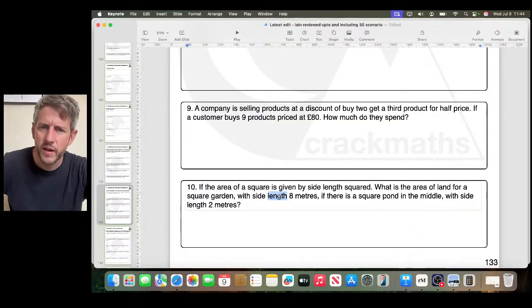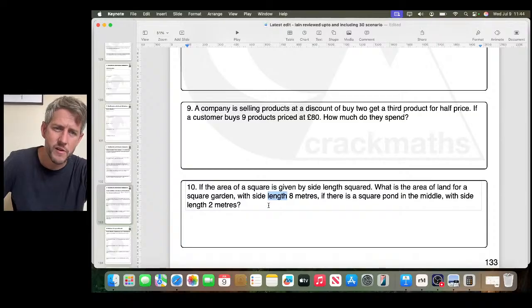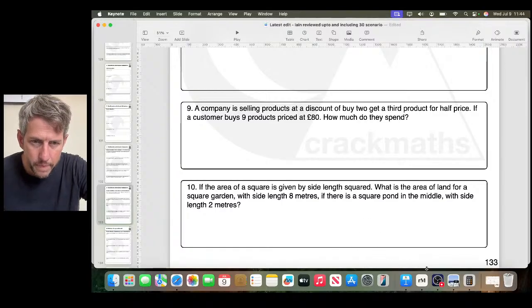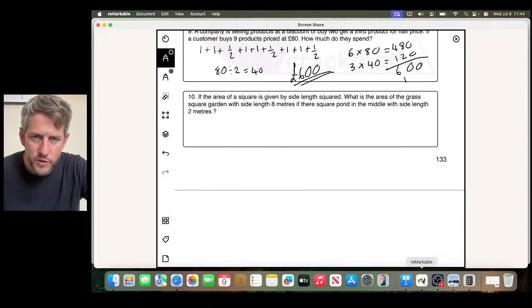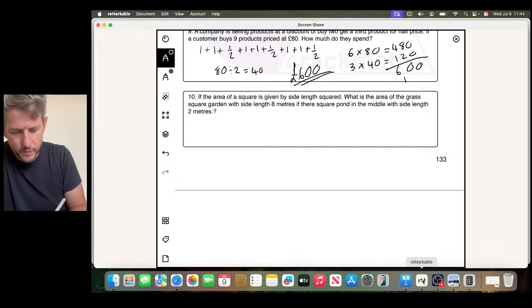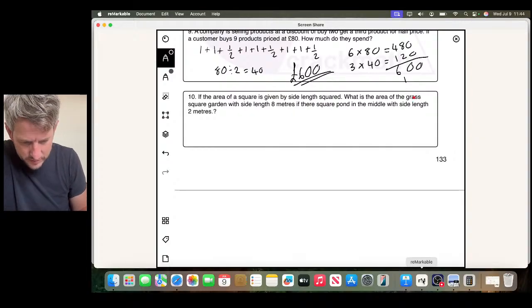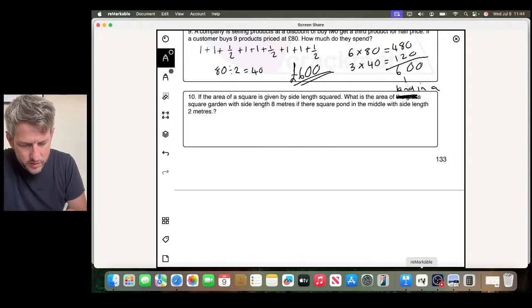Maybe I don't need to put side length with sides 8 meters. No, I think let's keep it because this says side length squared with side length 8 meters. Okay, fine. Right. Let's go back to the question. Okay, so we've changed that. What is the area of land in a square garden with side length 8 meters?